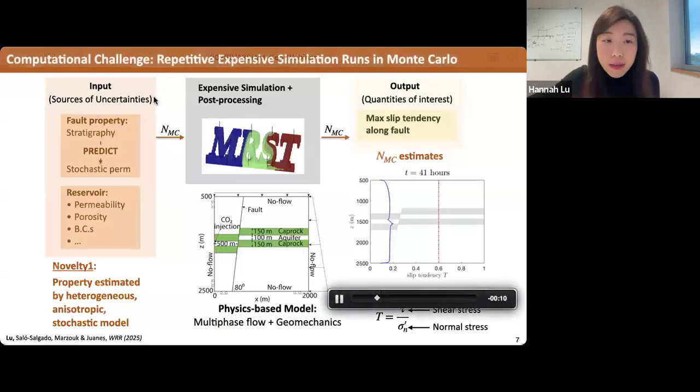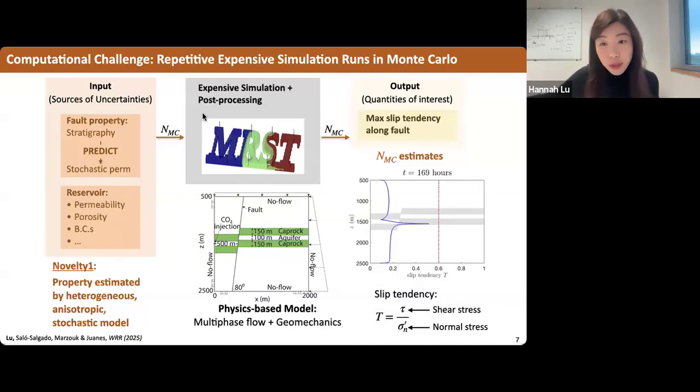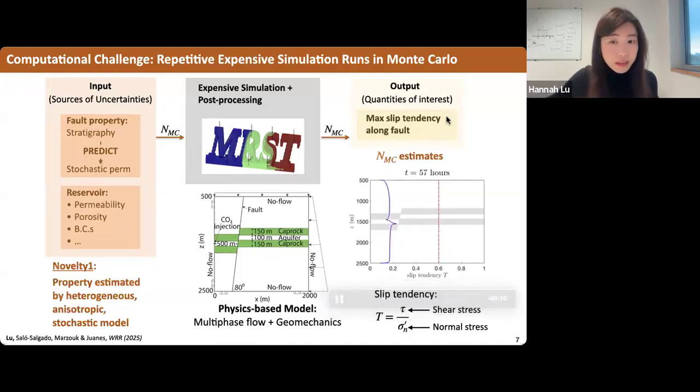So with the samples from the uncertain inputs, one has to do a large number of Monte Carlo runs, and each run will give us a different estimate of the slip tendency, the quantity of interest. With a large number, we can calculate some quantiles of this quantity of interest and evaluate the risk statistically.